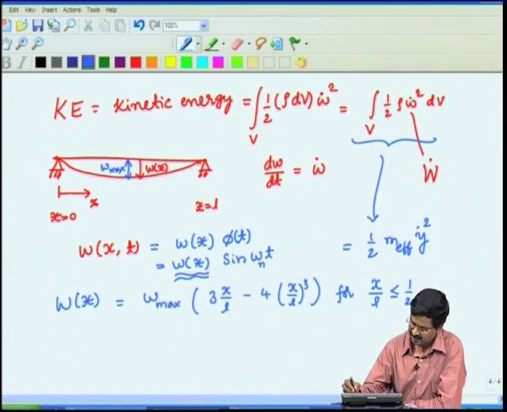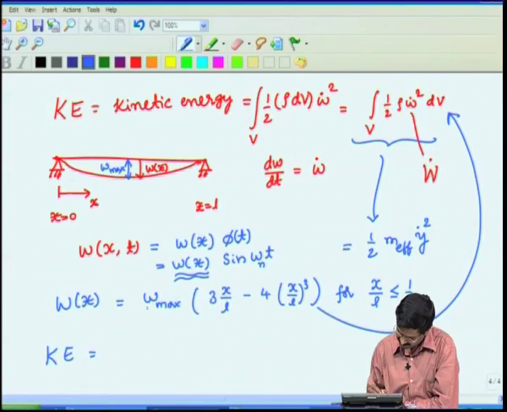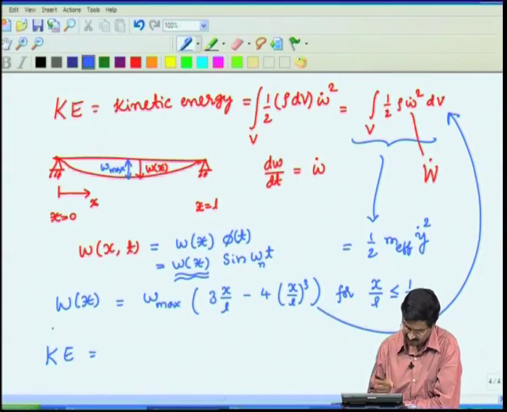Okay. So, we can put this W of x into this integrand. So, this one goes into this integral, then we get that KE here, when you do the integration. By the way, this W max is nothing but what we call y that we have here. Okay. So, here we need to put W dot. When we take the derivative of this, these depend only on x, where W max keeps changing.